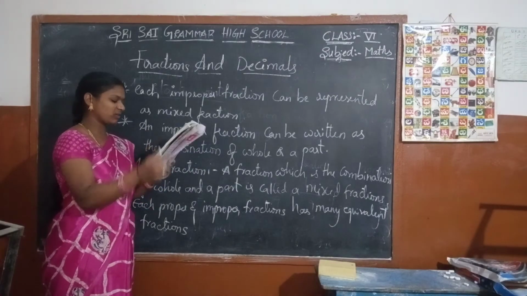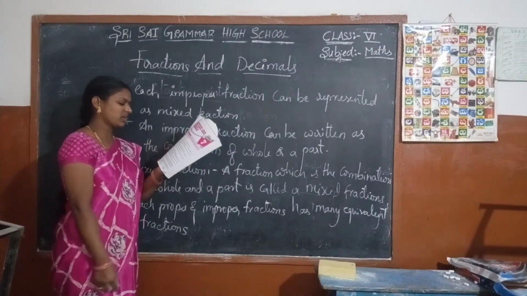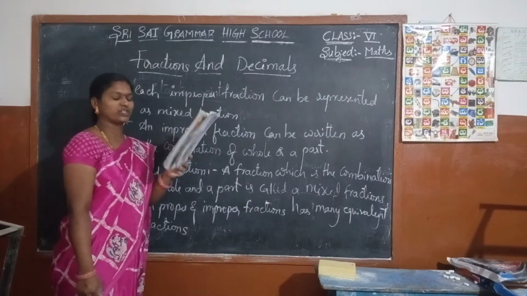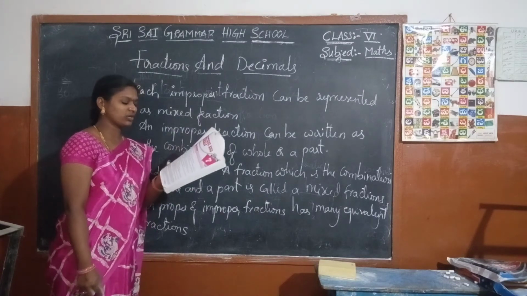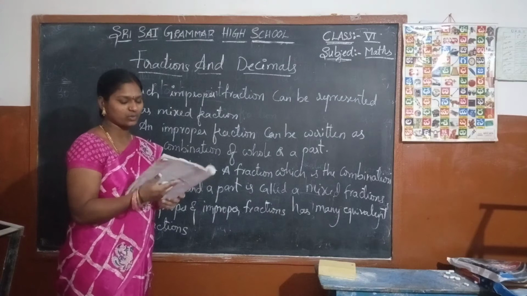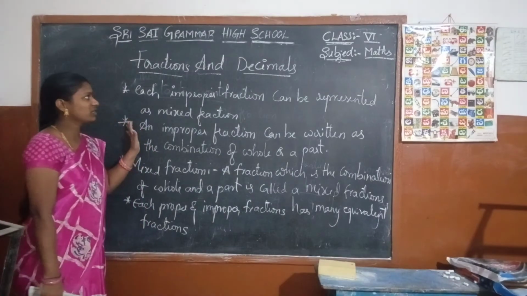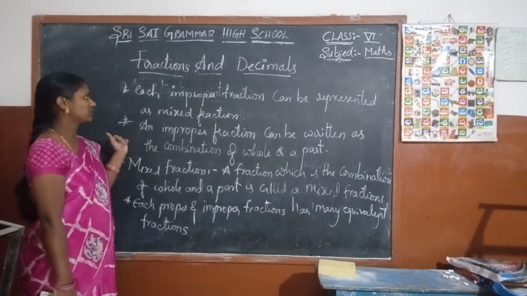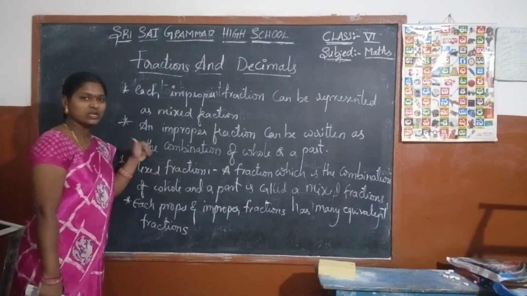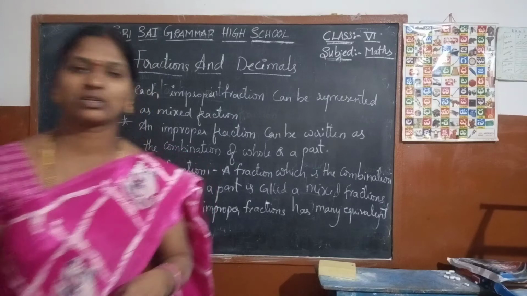To find an equivalent fraction, give it in the standard form, where the numerator and denominator have no common factor except 1. These are the most important fractions. We are going to do the sums based on this. Try to complete first.